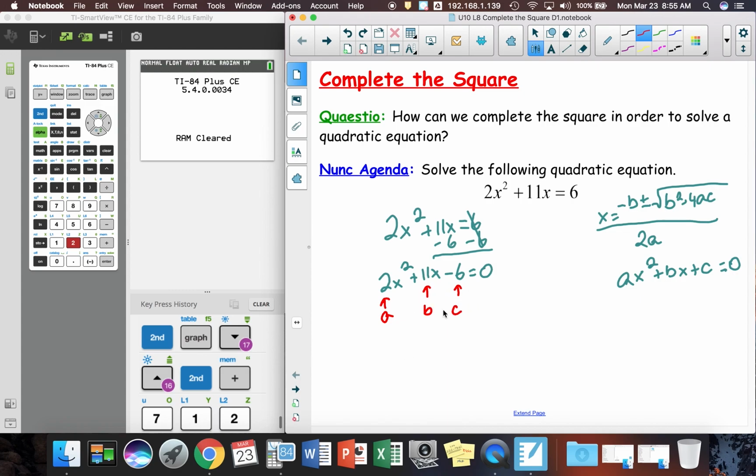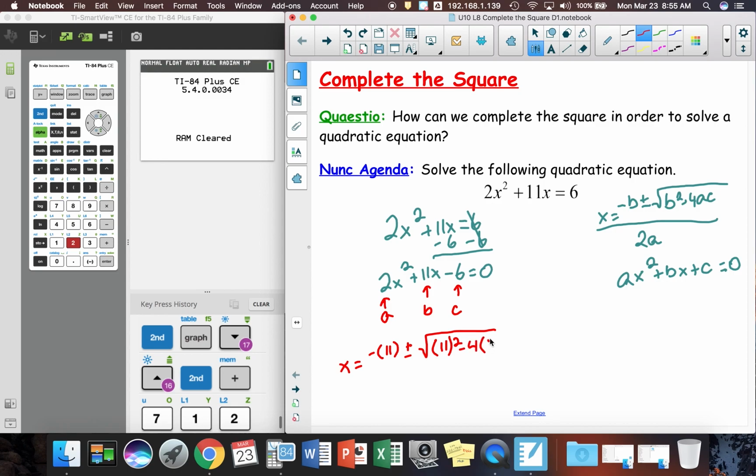So now that we have these values, we're going to plug it into the quadratic formula. We have x equals negative 11 plus or minus the square root of 11 squared minus 4.